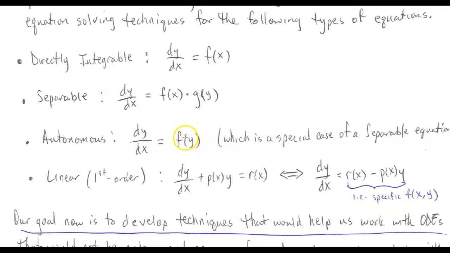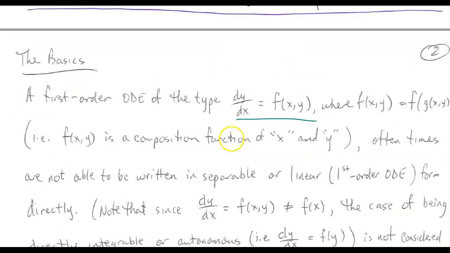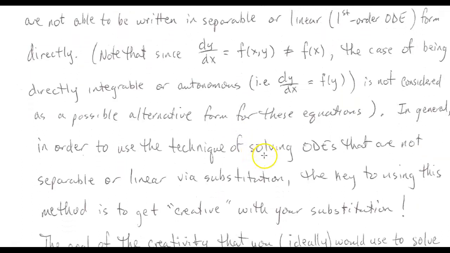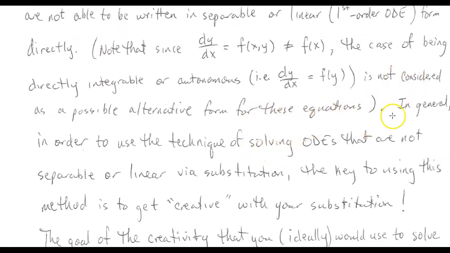Since the equations we'll be dealing with here are not just dy over dx equal to a function of one variable, these 2 equation types are not something we can get to directly. That is what I was trying to say in this sentence.